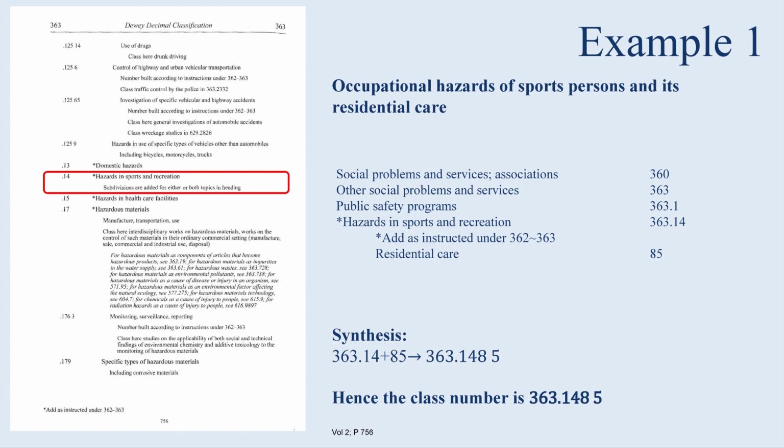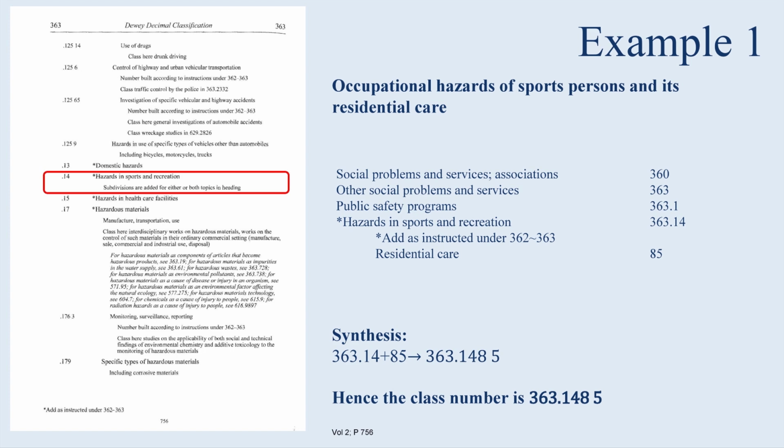And you can find on page 756 that the class hazards in sports and recreation starts with an asterisk mark, and the instruction for the asterisk reads: add as instructed under 362 to 363. So under 362 to 363 we have an extended subdivision where residential care is 85.